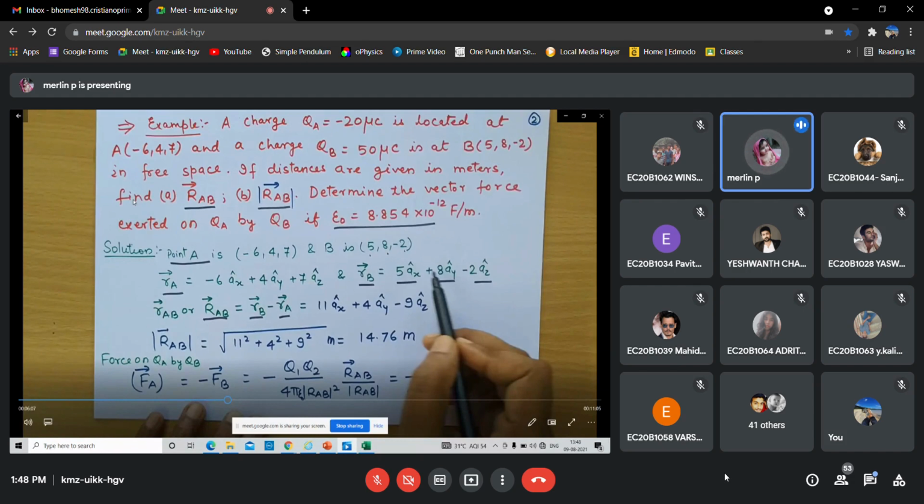RB minus RA is equal to 11 AX cap, and then 8 AY minus 4 AY, which is 4 AY cap, and then minus 2 AZ minus 7 AZ. That means minus 9 AZ.